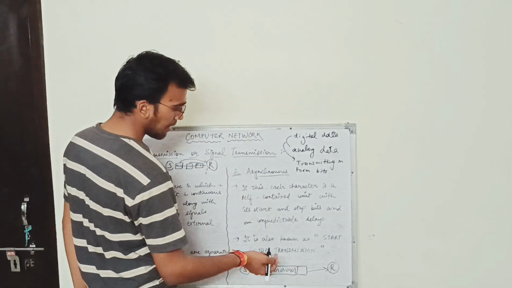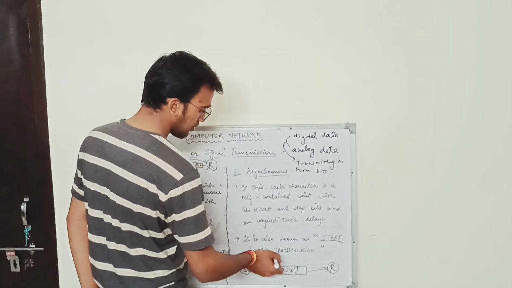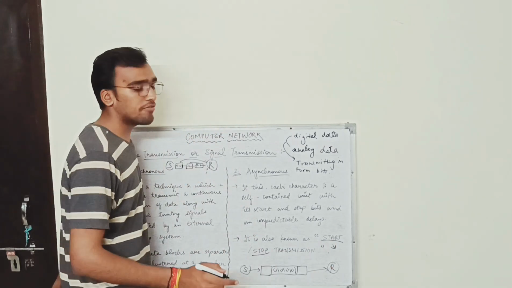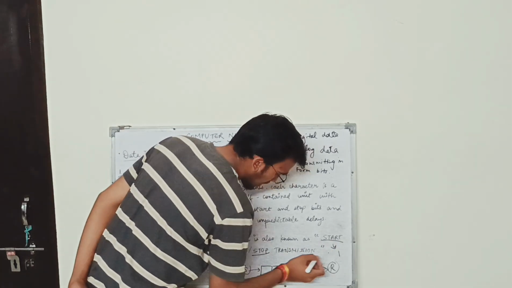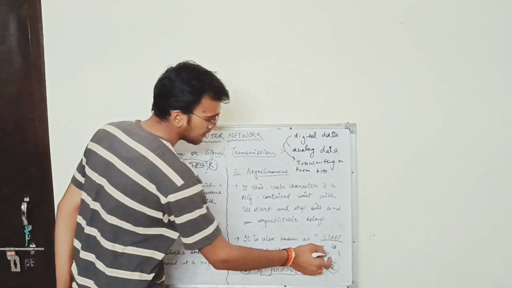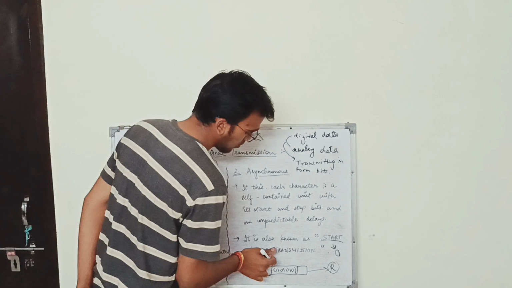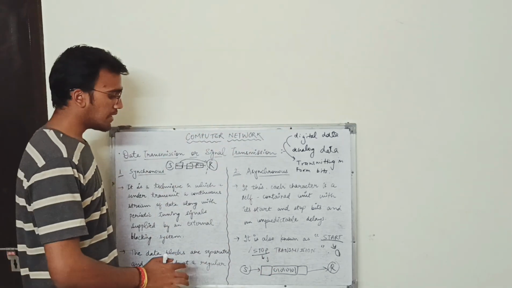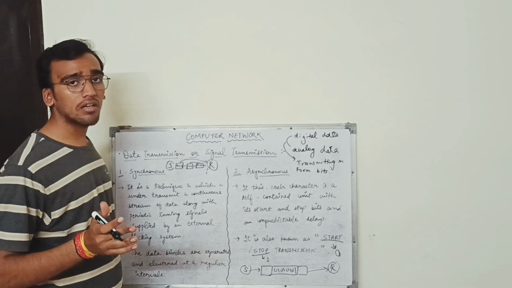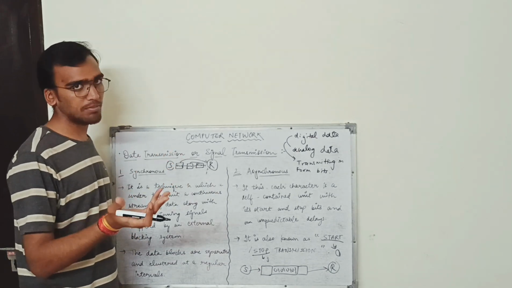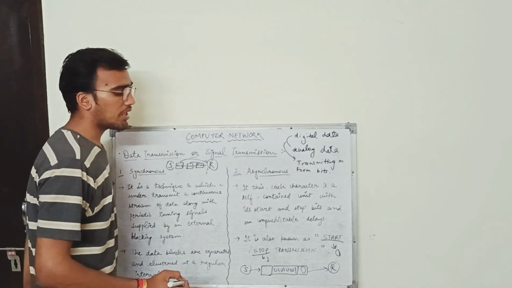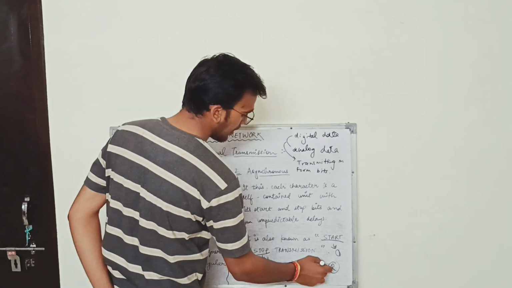The sender sends the data to the receiver. It is also called start and stop. Start is written in bit form as 0, and stop as 1. When a sender starts transmitting, it sends a start message, written as 0, to transmit the data block by block.